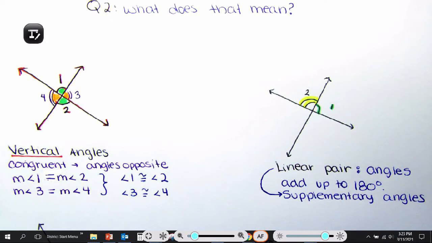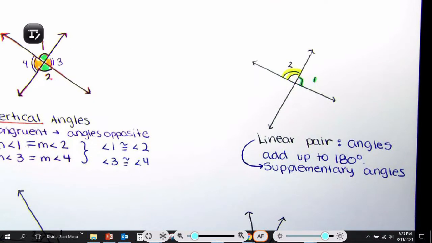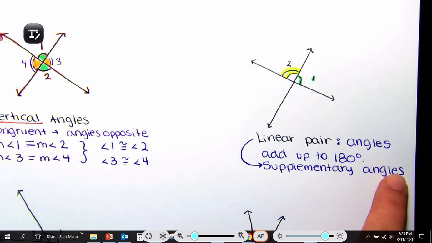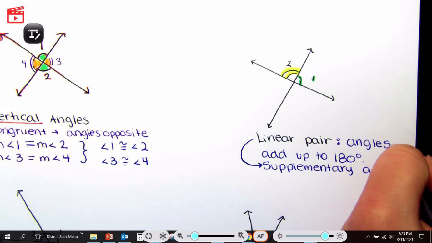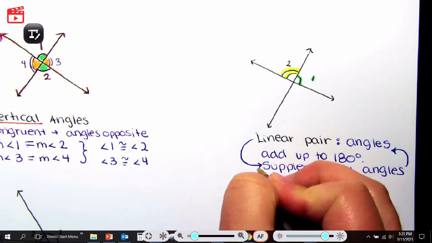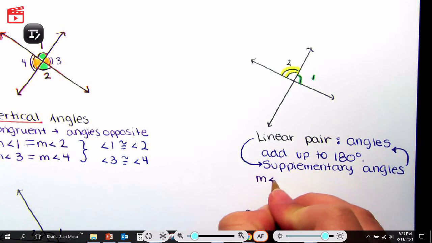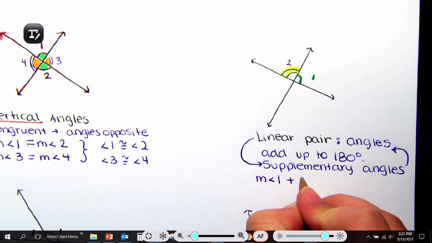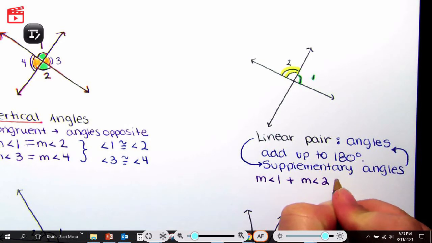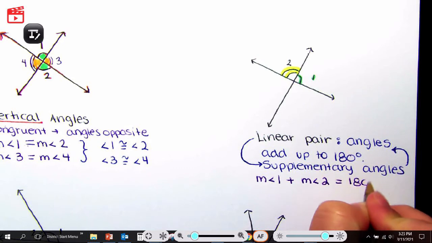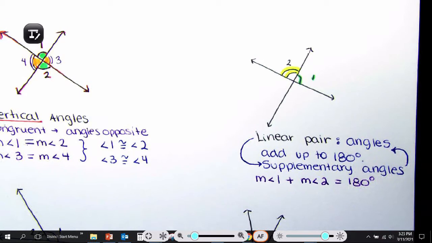We have linear pair. What does that mean? That means that the angles are supplementary angles. What does that mean? That means that the angles add up to 180 degrees. Okay, now what does that mean? That means the measurement of angle 1 plus the measurement of angle 2 equals 180 degrees.